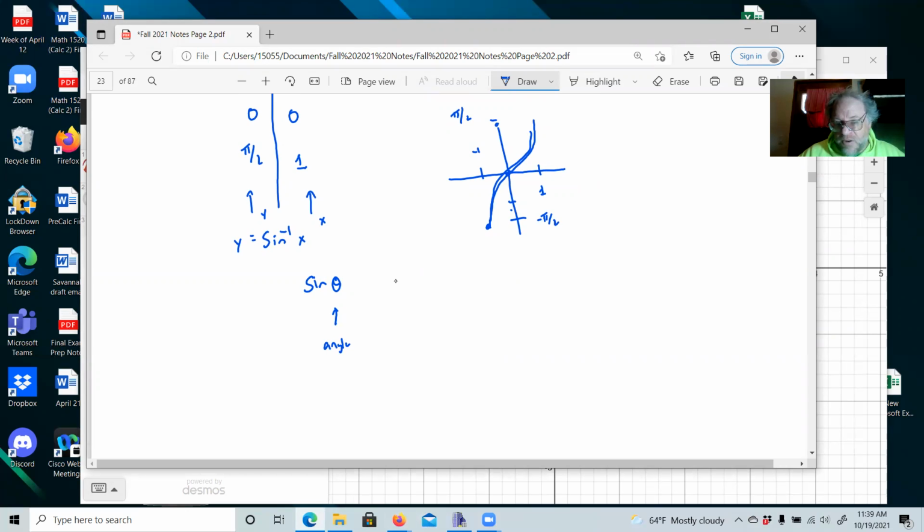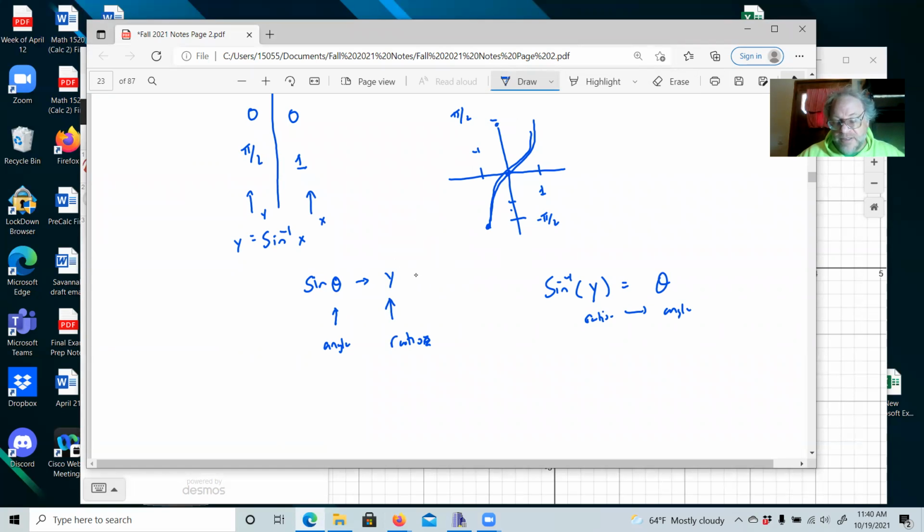So sine takes an angle and turns it into a ratio. Inverse sine takes a ratio and gives me back an angle. It takes the ratio and returns the angle. It's important to remember that.